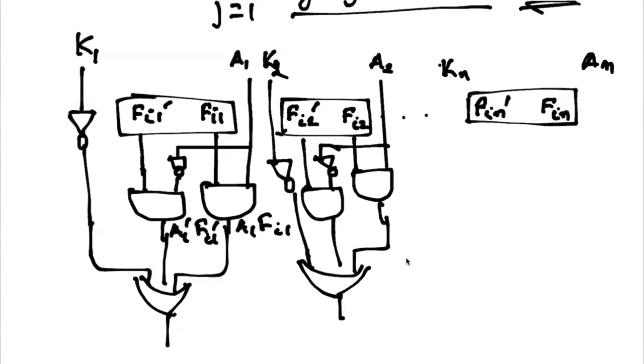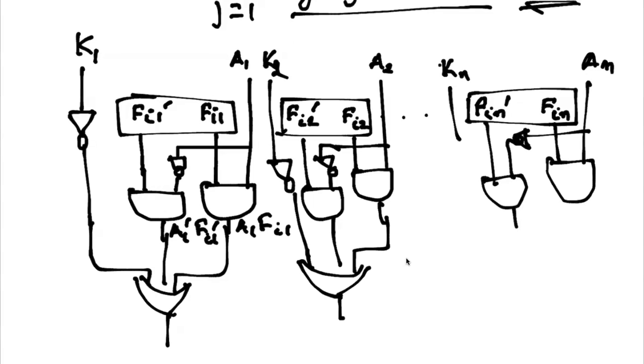The same goes for the last one also. I will just draw it quickly: the negative of this and this, and finally the OR of this.